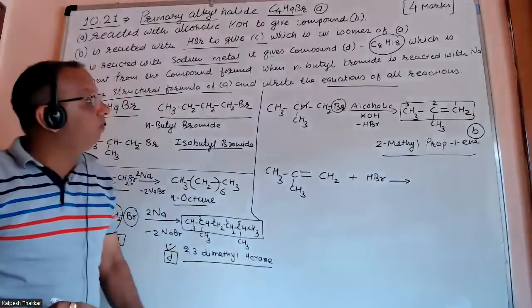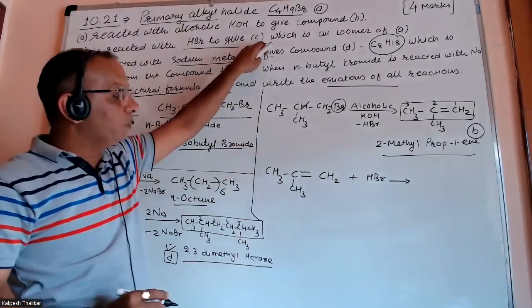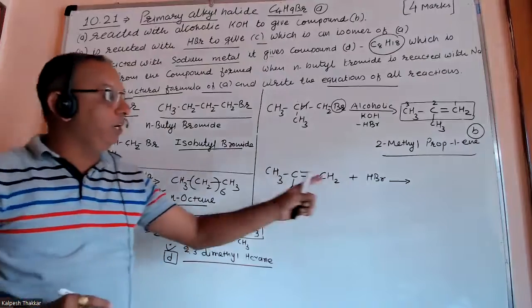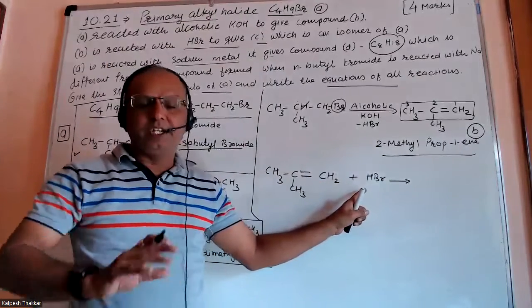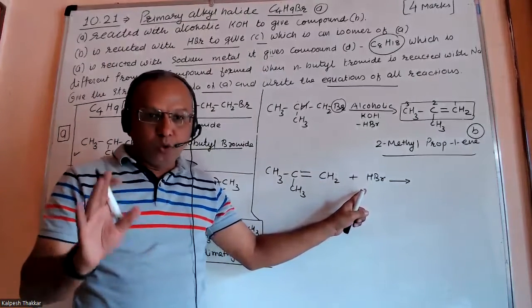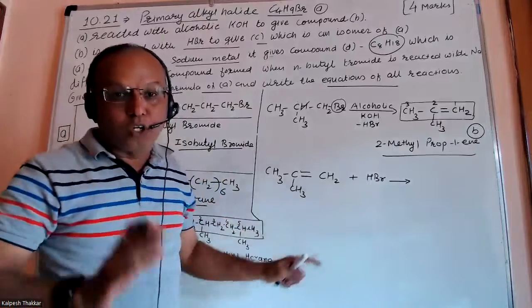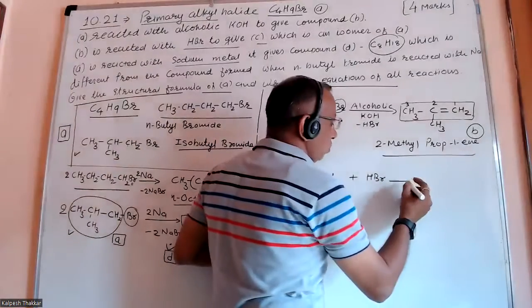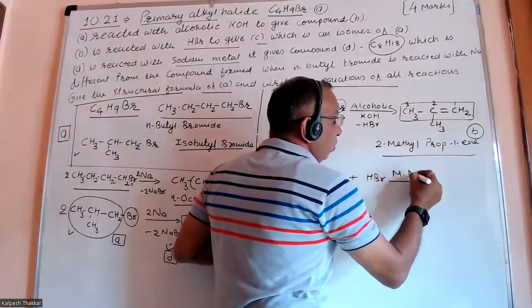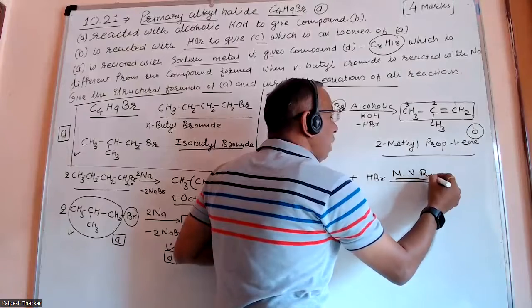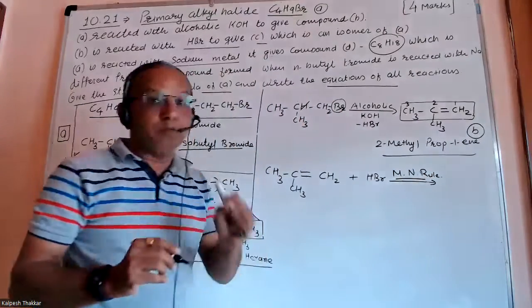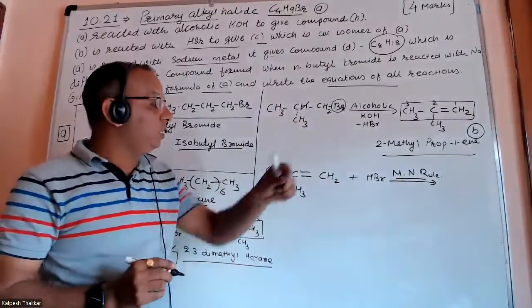And what will we obtain? We will obtain, friends, C. Now, how will C be obtained? So HBr is added. It's a simple case of Markovnikov rule, right, friends? Markovnikov rule is applied here.